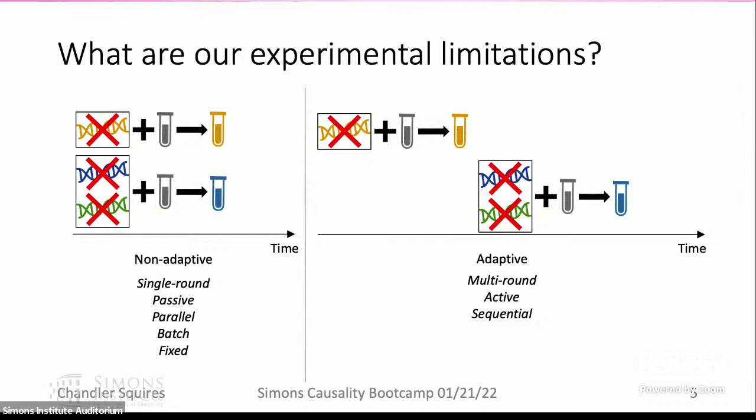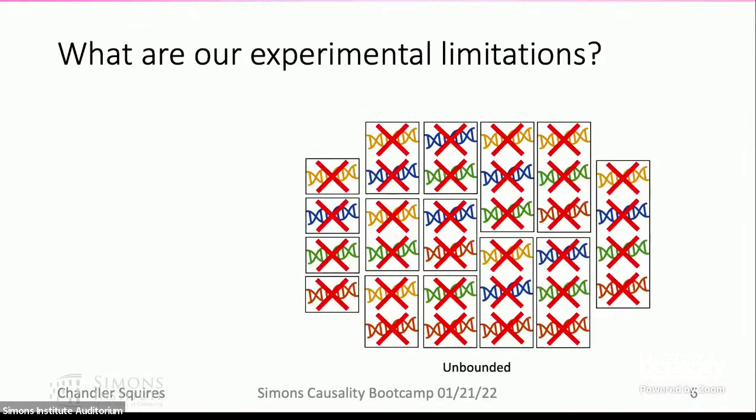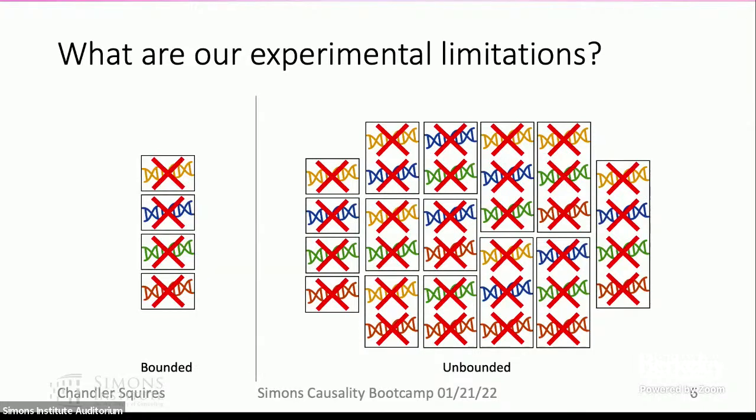So this is the highest level distinction. I expect to see this in an abstract, or look for it. This is the first thing that I'll try to identify. The next thing would be whether the set of experiments that I'm considering is unbounded, so I can intervene on as many things as I want at the same time, or if it's bounded.